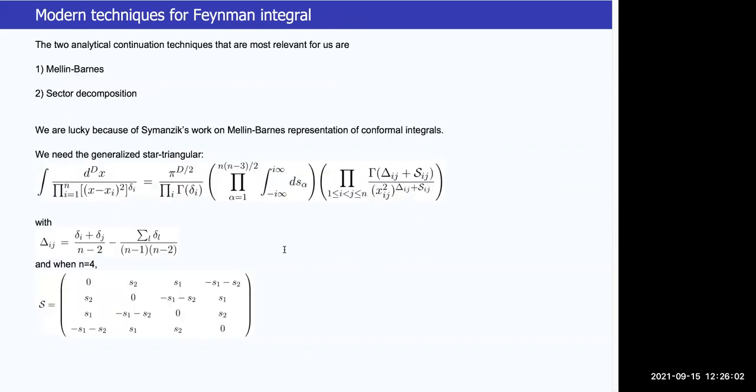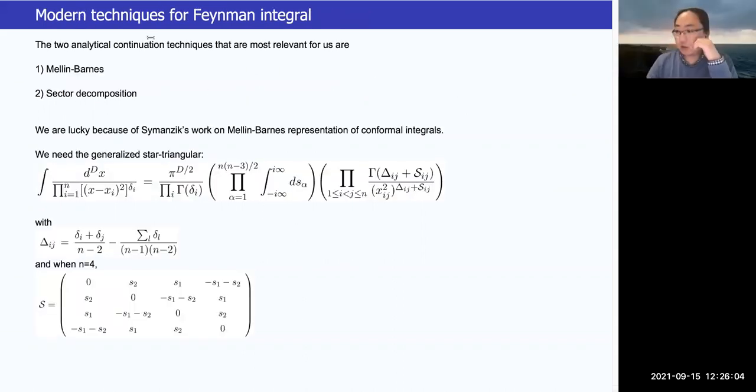Yeah. So there are two modern techniques to do this kind of analytical continuation. For this kind of Feynman integrals, we are lucky. One analytical continuation is based on the Migdal representation, and another is the so-called sector decomposition technique.